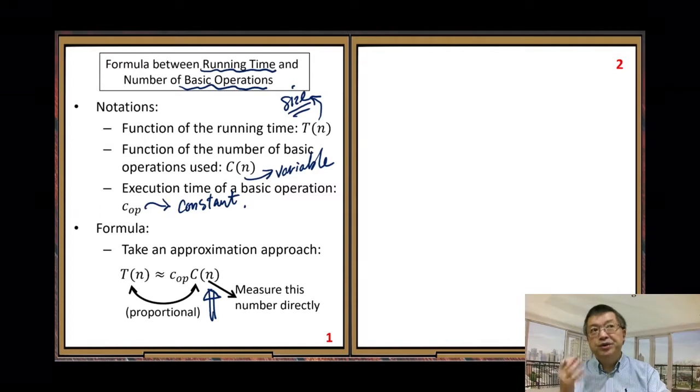We want to use a more stable measure, the C function, to study efficiency. So this formula tells us we can do that, because the main difference is that constant multiple. Later we will see that the constant multiple is not very important. We can ignore it. In our next slide, we will see we can ignore it.